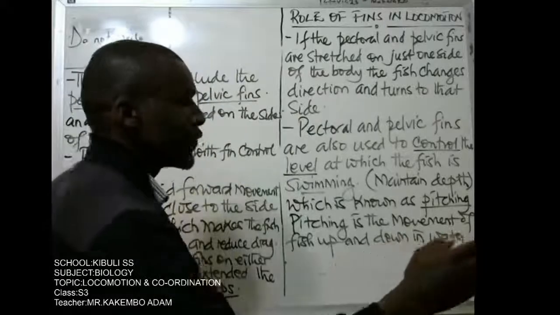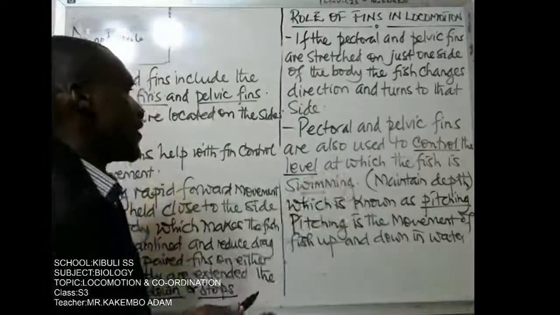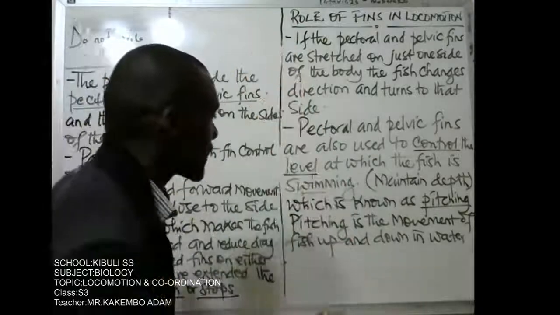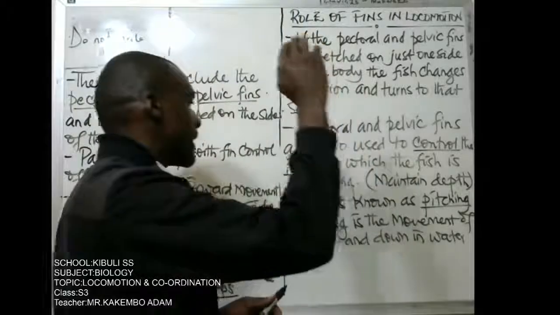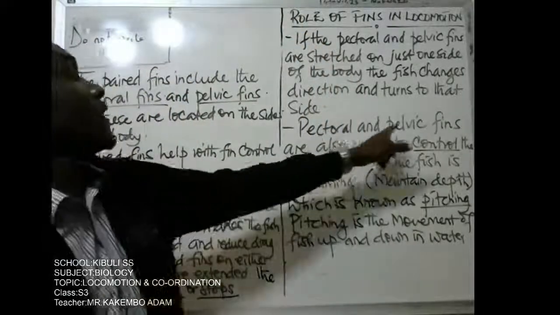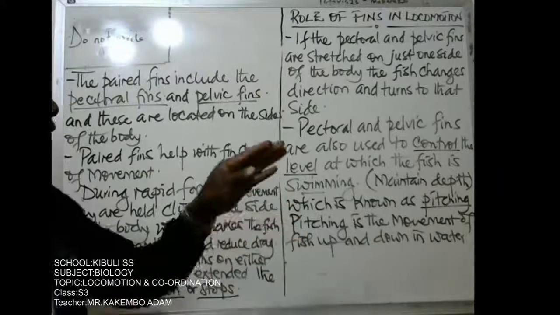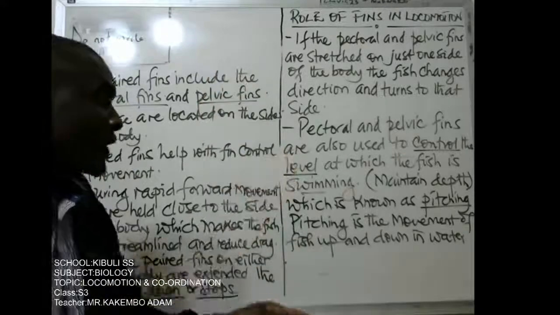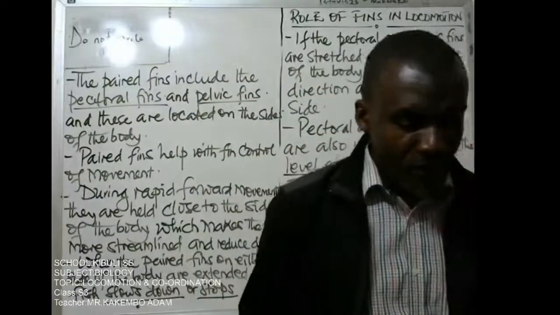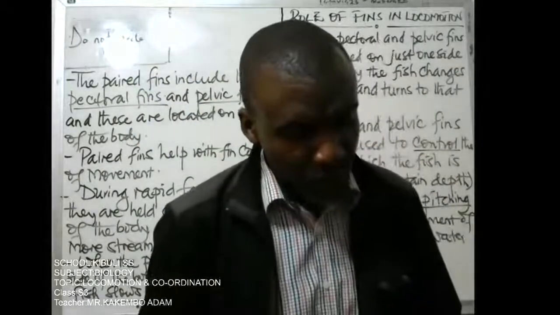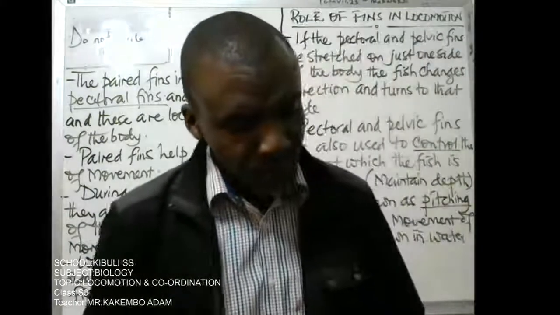It has to maintain that side to side movement, swimming. In case it counteracts those unstable movements of up and down, then it is the pectoral fins that come into action to bring about stable movement, to avoid those deflections of the body up and down in water. So that is the role of those two fins in water.